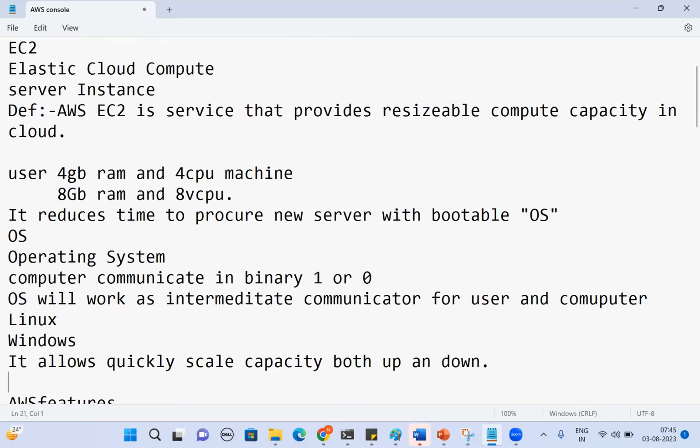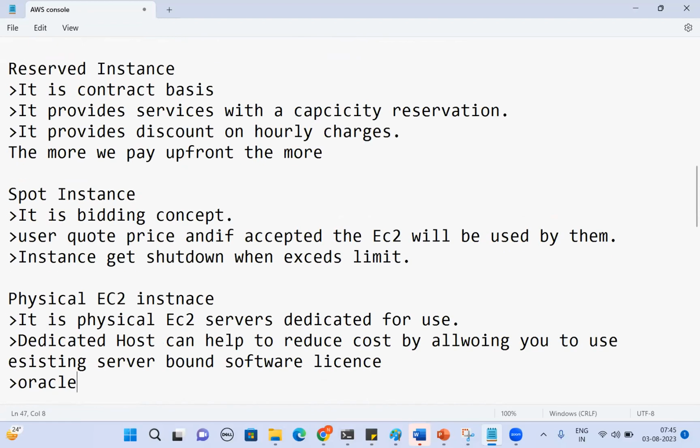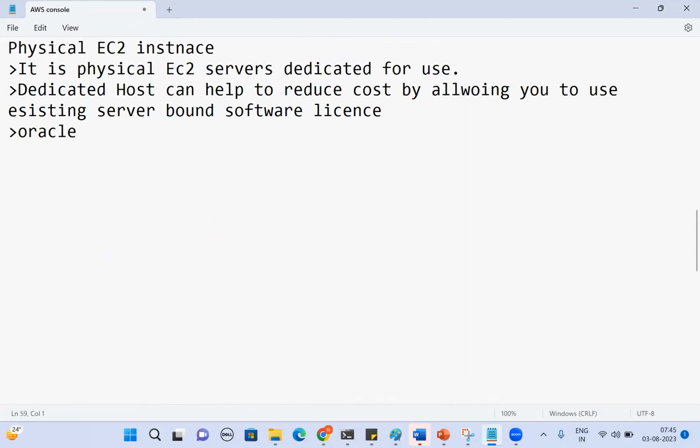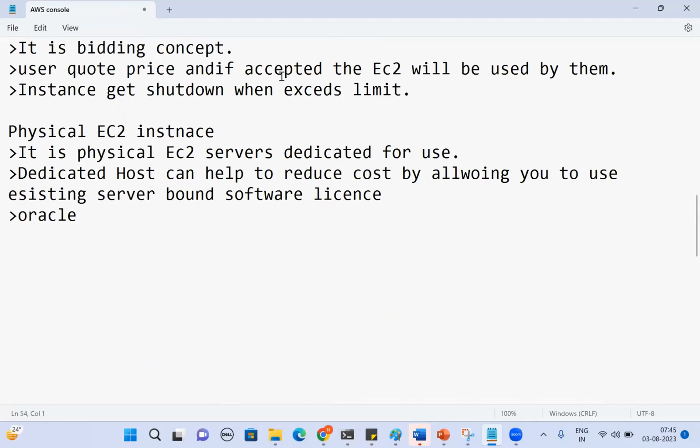Okay, no doubts from your end. We will discuss the pricing model also. Yes, sure, Anuj, I will tell you.